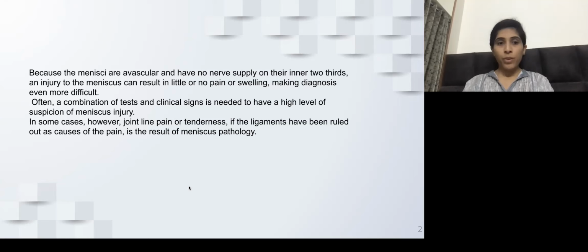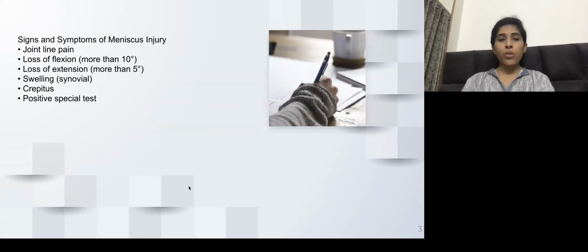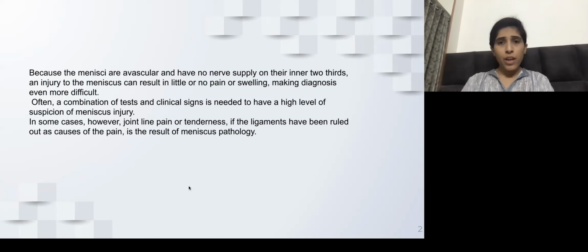Often it is the combination of the test and the clinical signs which we consider for diagnosis. Before we finalize our diagnosis, we do these special tests for confirmation.